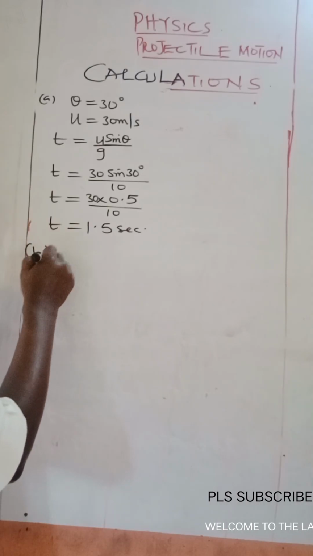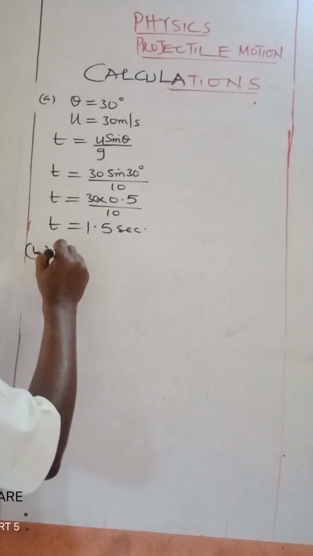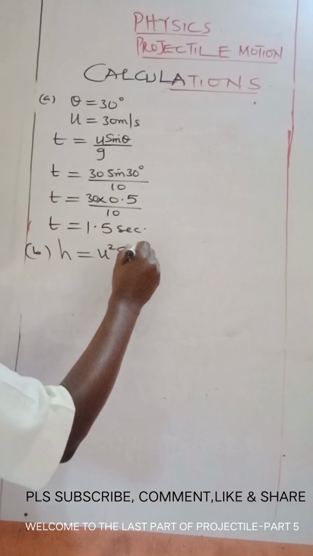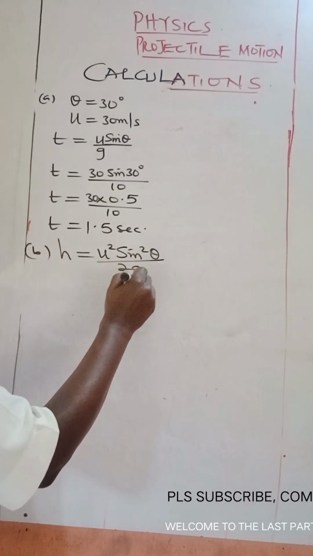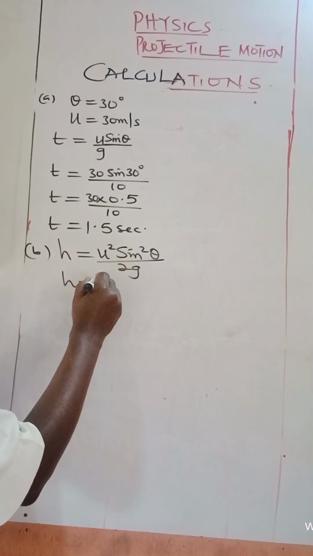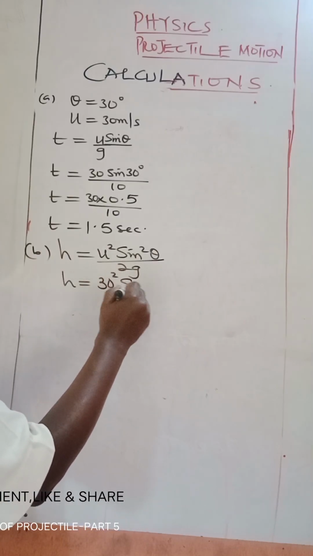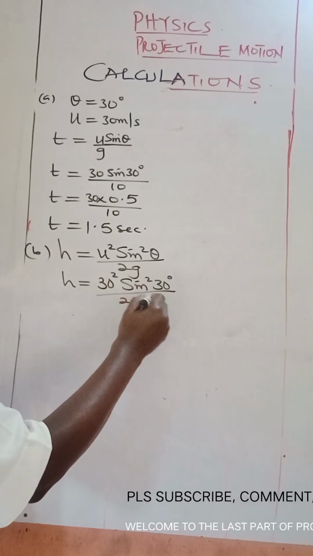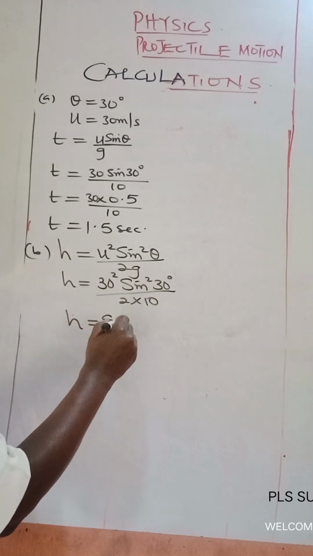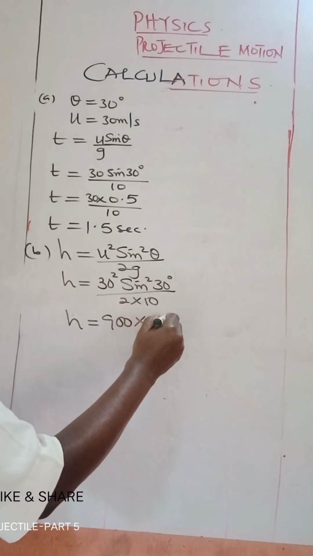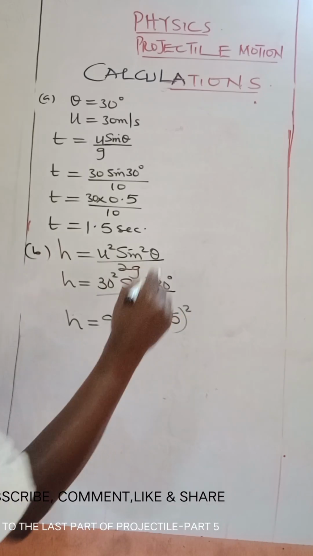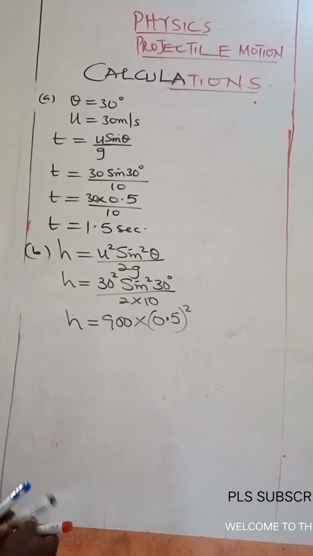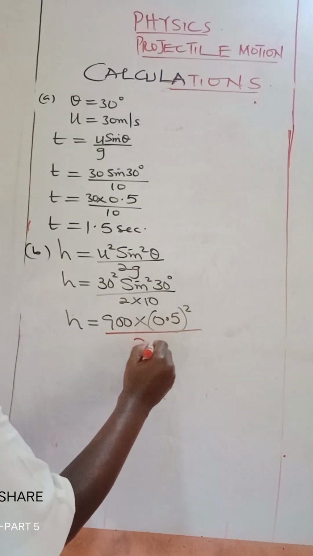B, maximum height attained. Maximum height is given by u squared sine squared theta all over 2g. H is equal to 30 squared sine squared 30 degrees all over 2 times 10. First of all, look for sine 30 degrees, then you square everything, all over 20.